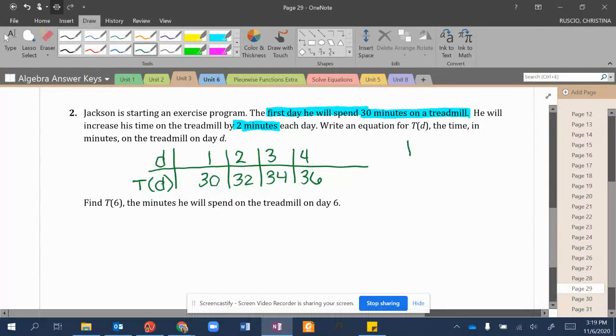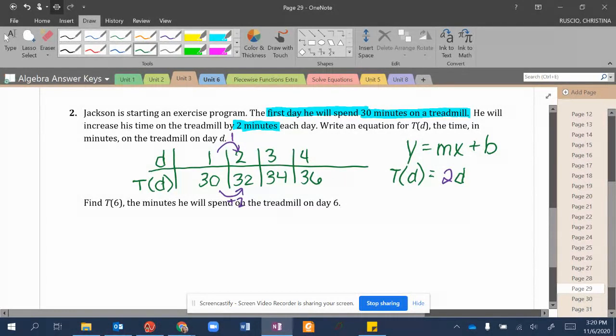You know the drill. y equals mx plus b. Our y is t of d. Our slope, well, we were just calculating that. That's 2 minutes every 1 day. So 2 divided by 1 is just 2. Our x value is d, so we're going to be careful to use our correct variable.